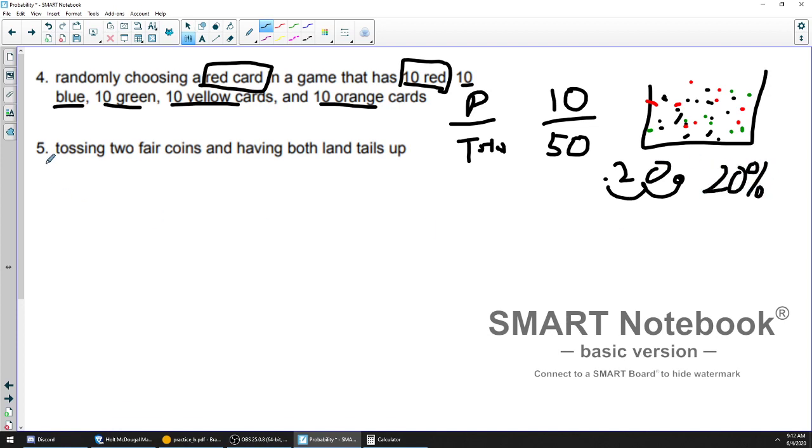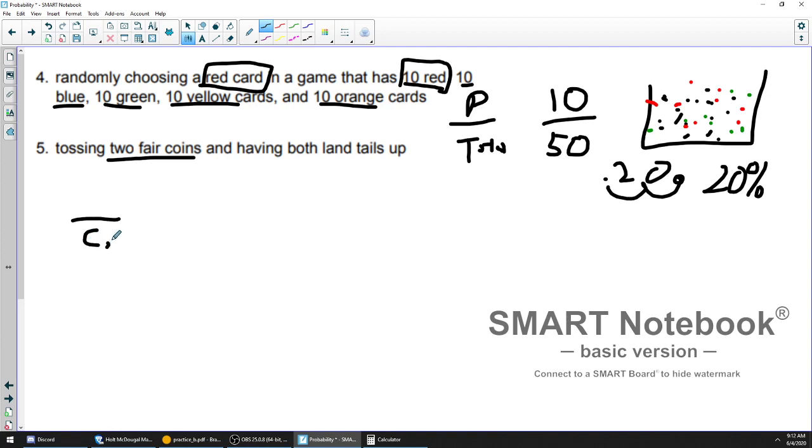Ooh, tossing 2 fair coins and having both land tails up? It's a little tougher. I don't see any numbers, but we have to realize that coins have how many sides? Well, they have two sides, right?